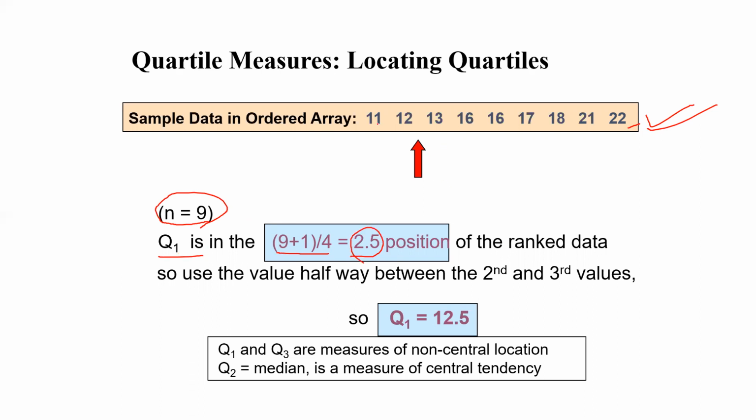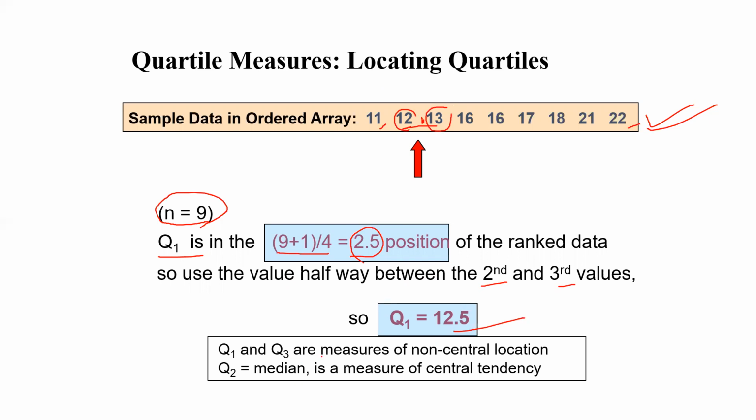So 2.5 lies somewhere between the second and third values. So we use the value halfway between the second and third value. The second is 12 and the third one is 13. So 12 plus 13 divided by 2 gives 12.5.